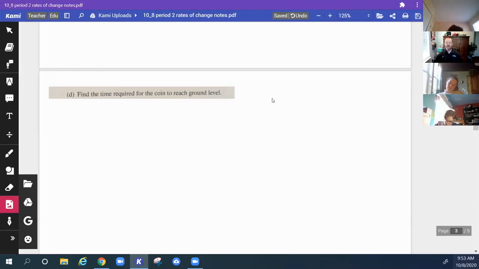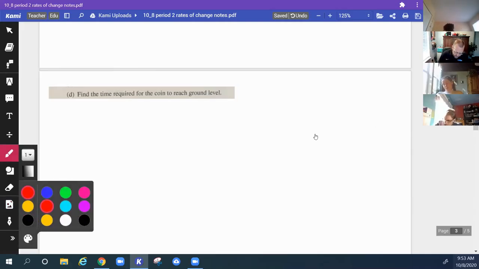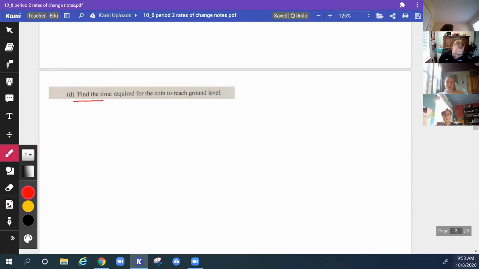Letter D: find the time required for the coin to reach ground level. All right, so remember what we're finding here. Finding time. I am finding the time required.